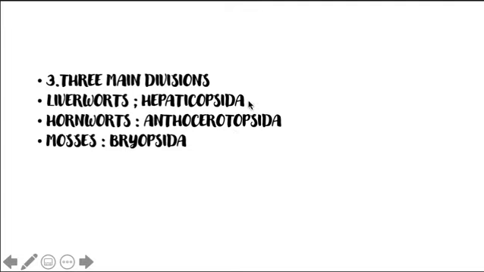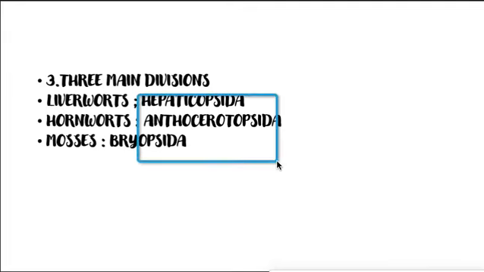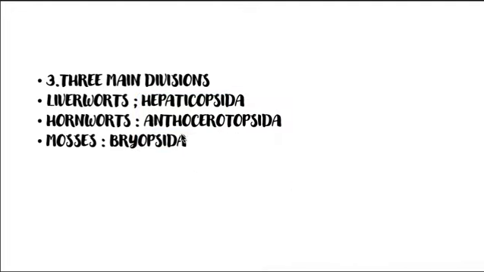So please remember, girls, these very important names which you will always be asked in your exams, and I want you to be able to identify each and every one of these divisions very carefully, because they are important. You have to remember their names clearly.